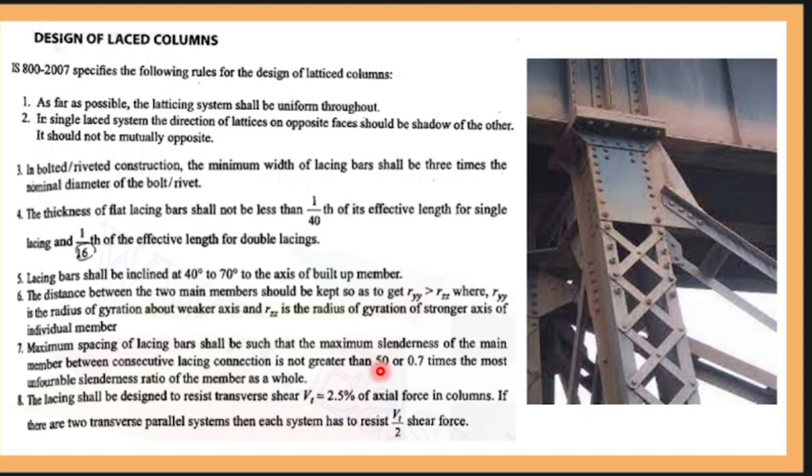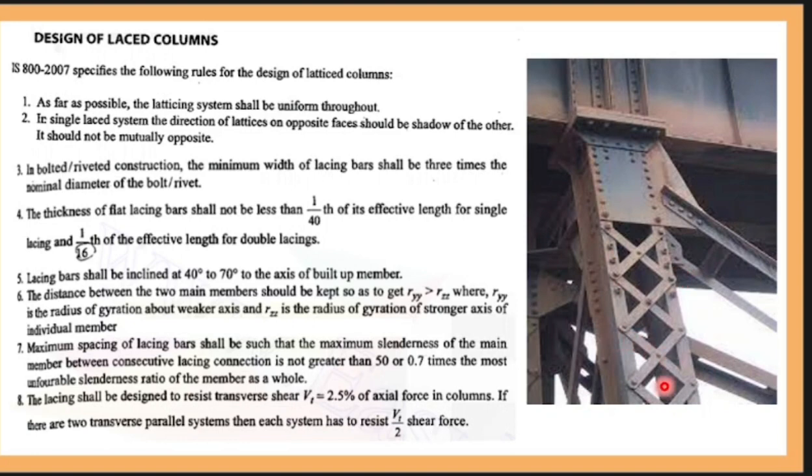For the previous column you had 180 kilonewton of load. How to find the lacing force? 180 kilonewton into 2.5 percent. That is the force which has to be resisted by the lacing, that is Vt, the transverse shear. So this is one stretch of lacing and this is another stretch of lacing.